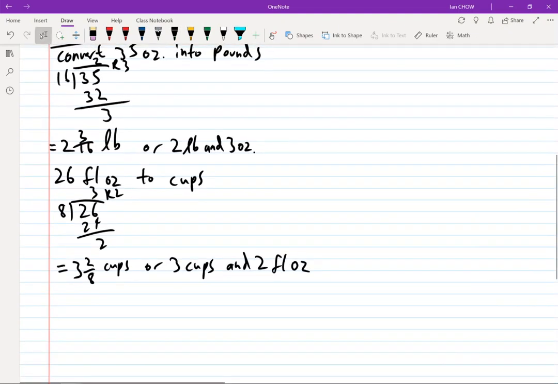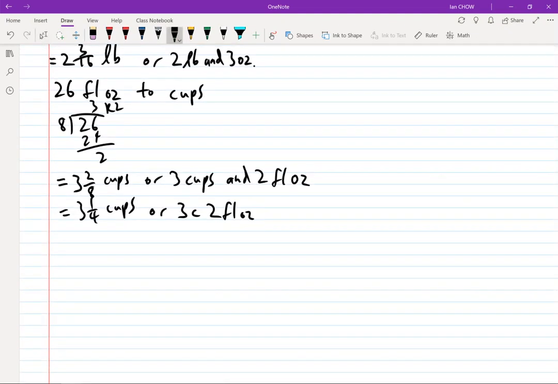Of course, we have to simplify the 2 over 8, so that's going to be 3 and 1/4 cups once we simplify it. So 3 and 1/4 cups, or we can write it as 3 cups and 2 fluid ounces. We can write it that way. So let's do some example questions.